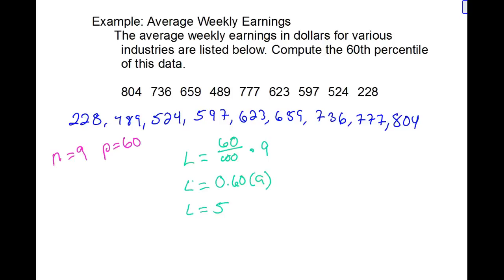So I'm going to get L equal to 5.4. Since this is not a whole number, I need to round up. And that means that it's going to be in the 6th position: 1, 2, 3, 4, 5, 6th position. So an industry earning $659 weekly is in the 60th percentile.